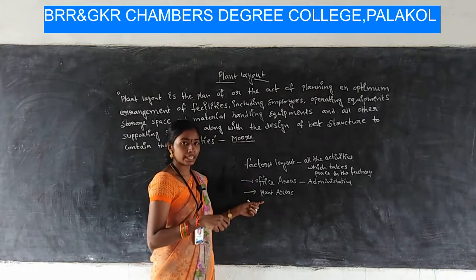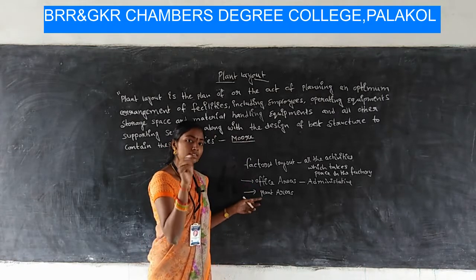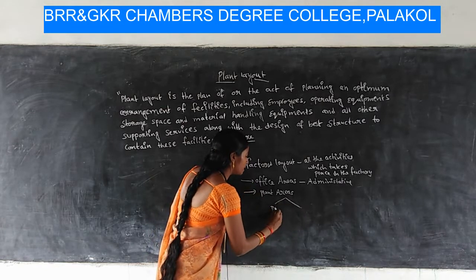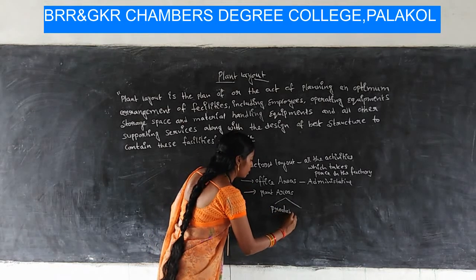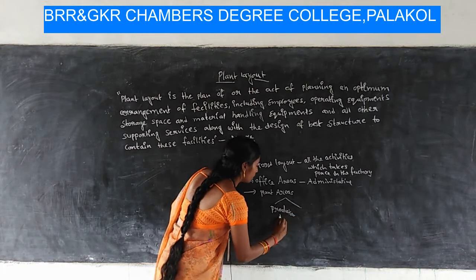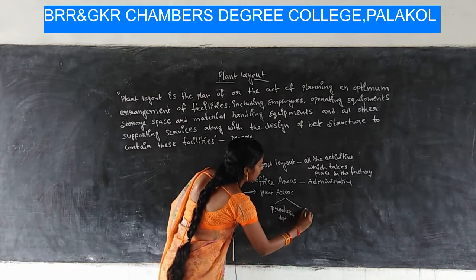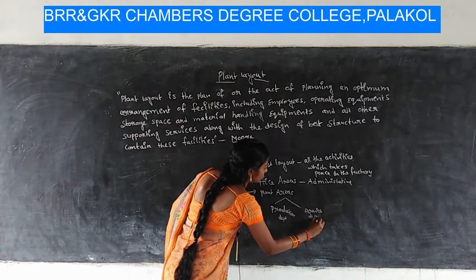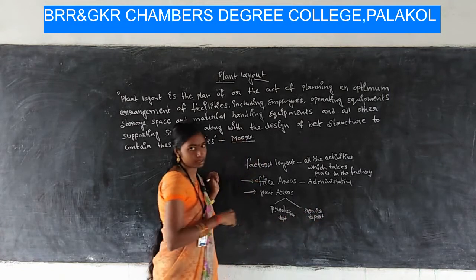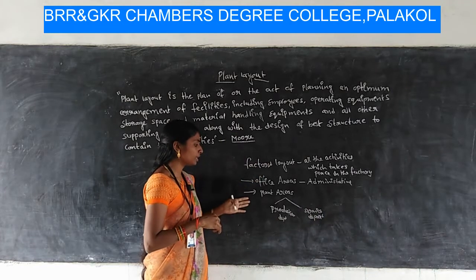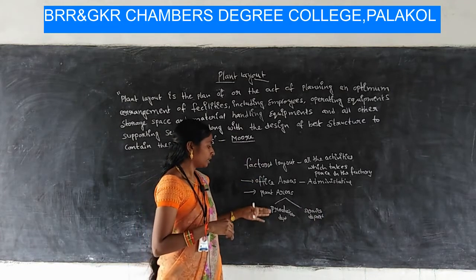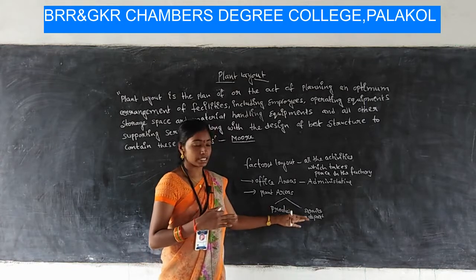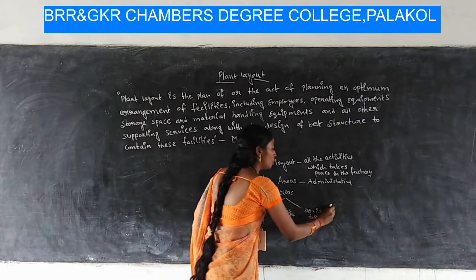Whereas plant areas consist of two kinds of activities, that are production department and service departments. In the production department, the production activities take place, and service departments can be classified into two types.